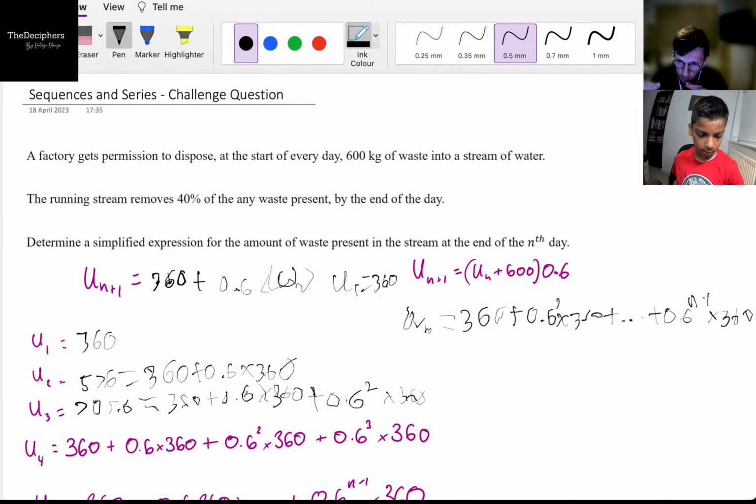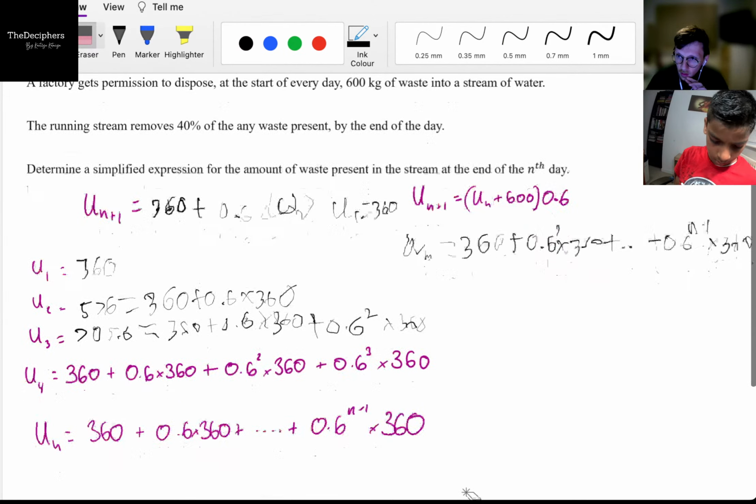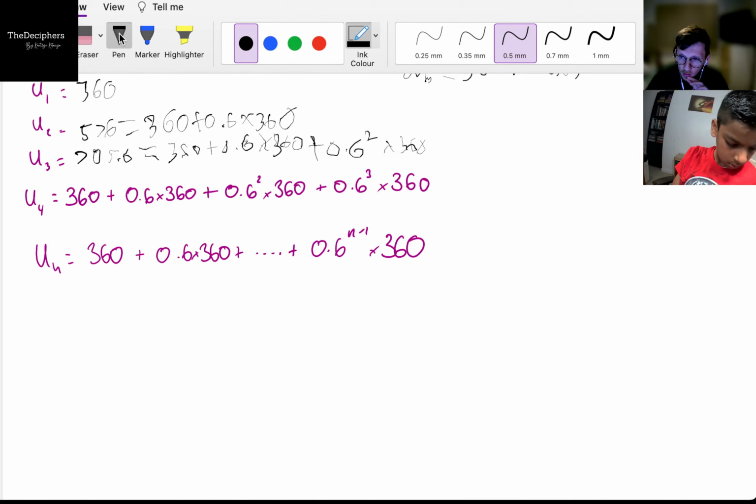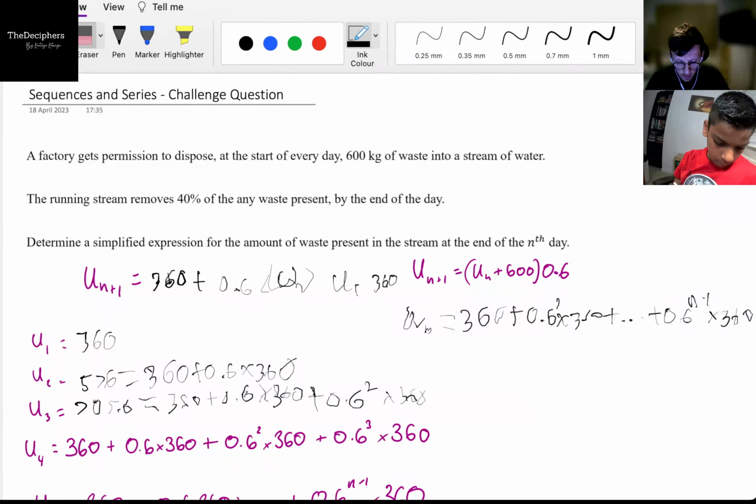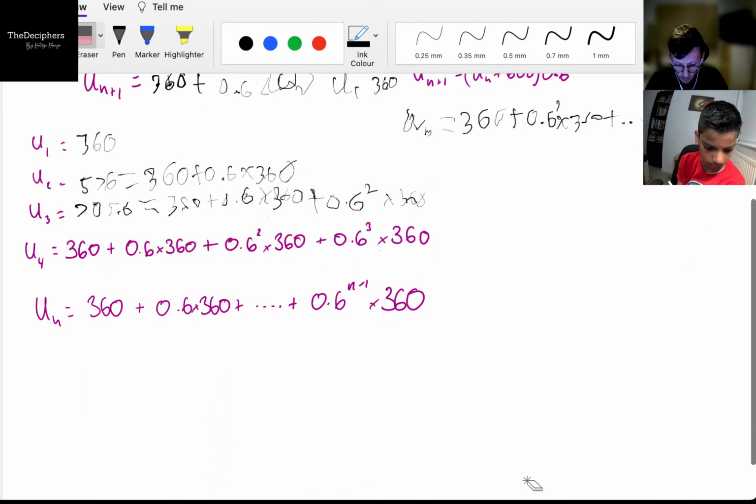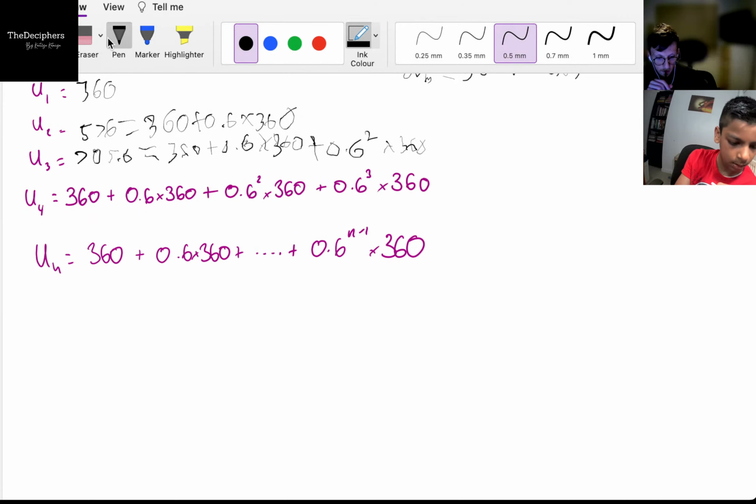If you carry on from my working, if you go down a little bit, you see that I've written u n out, then you can do my working out from there. Okay, so we want to find the simplified expression for the amount of waste present in the stream at the end of the nth day.